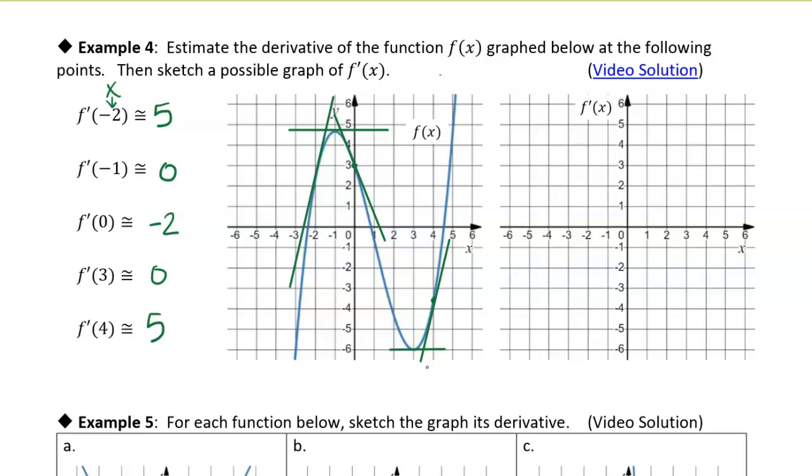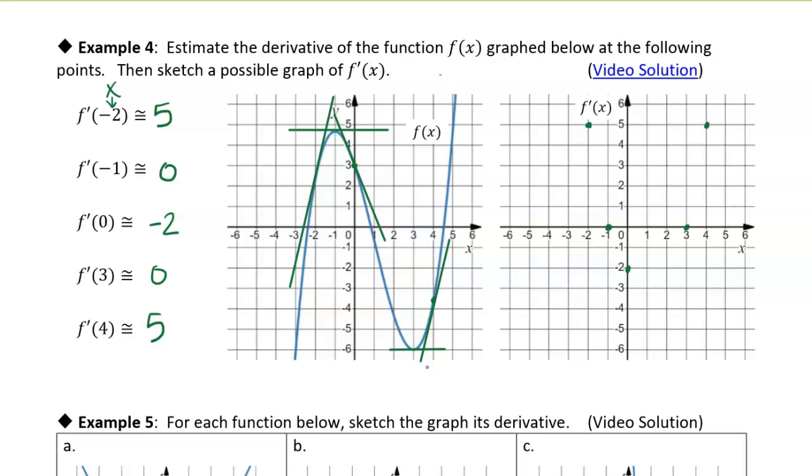So I have the points (-2, 5), (-1, 0), (0, -2), (3, 0), and (4, 5). Okay, so I have some points.